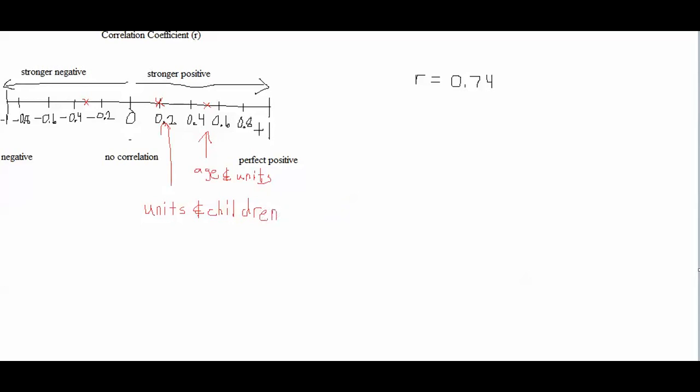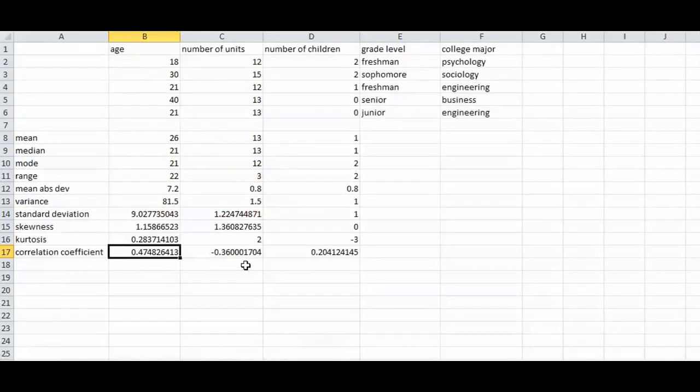Now let's look at what the negative correlation came out to. It came out to negative 0.36. Let's compare these two correlation coefficients. And let's think about which one is stronger. Actually, the one that's further from 0 is stronger, so this one is actually stronger than this one over here.